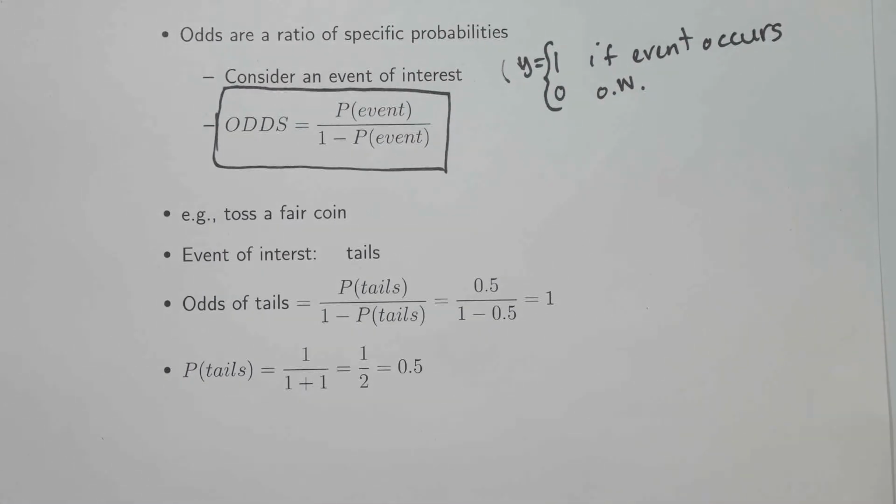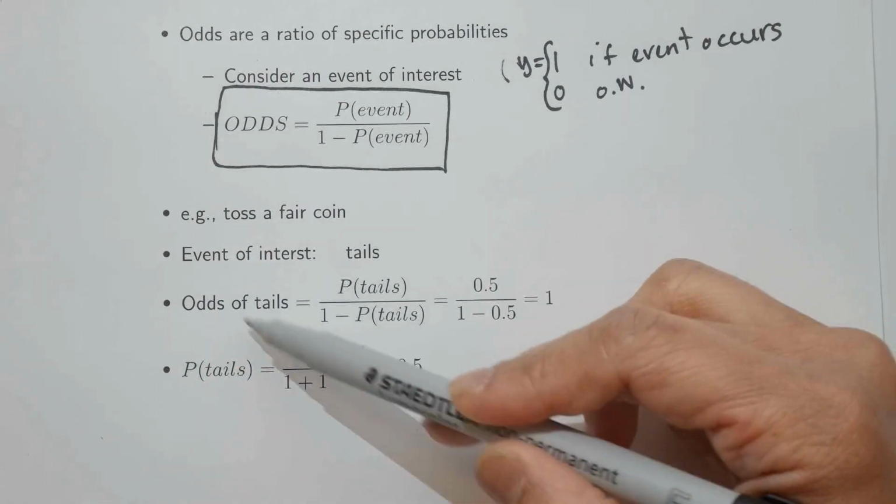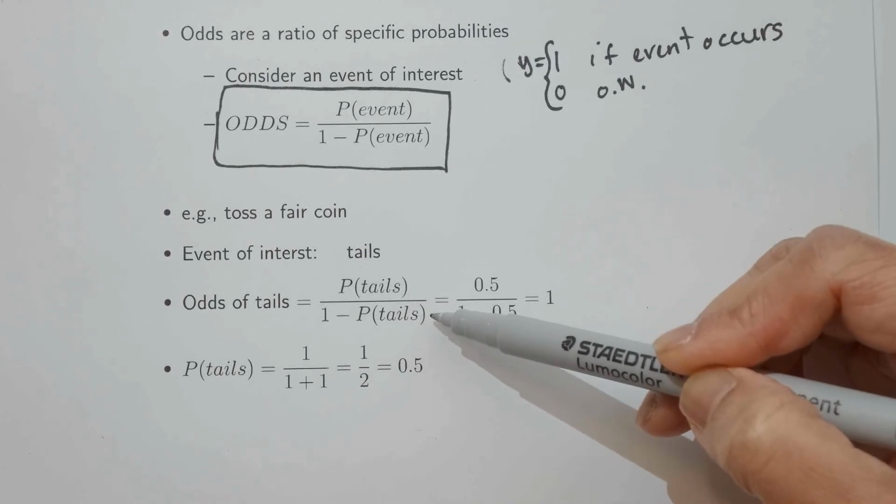So, as an example, think about tossing a fair coin. The event of interest might be that the coin lands face up tails. So then, if we wanted to calculate the odds of getting tails, we would want the probability of tails divided by 1 minus the probability of tails.